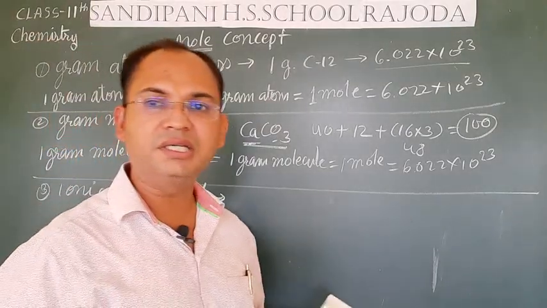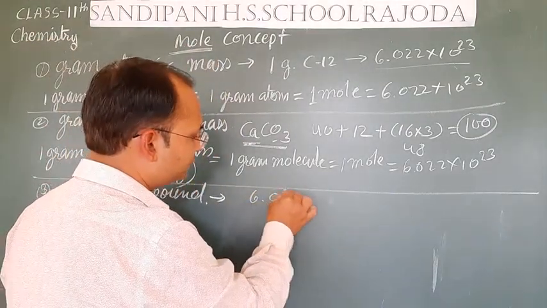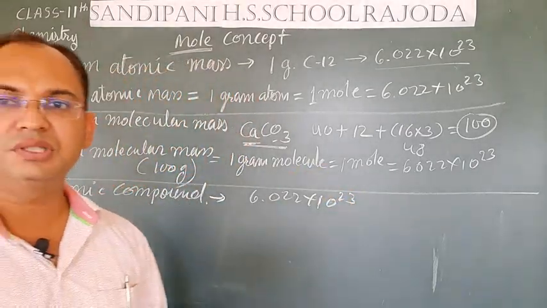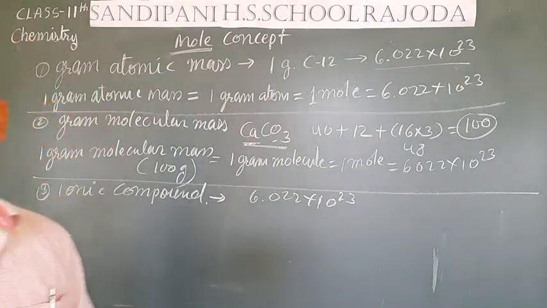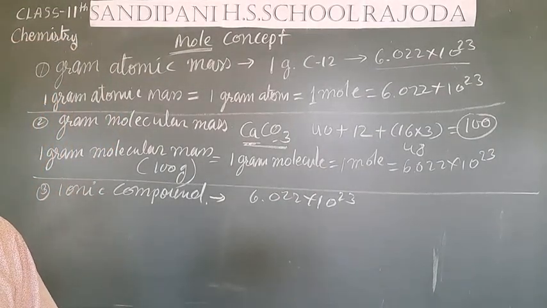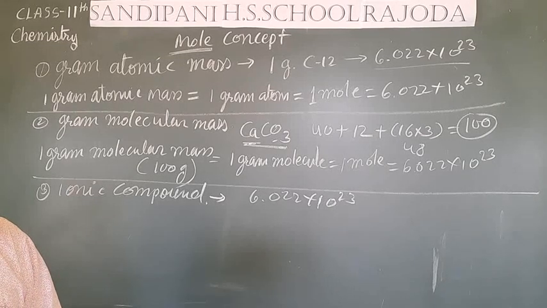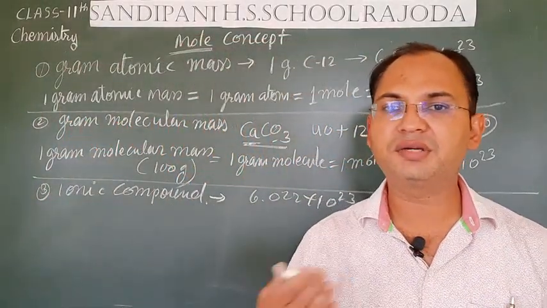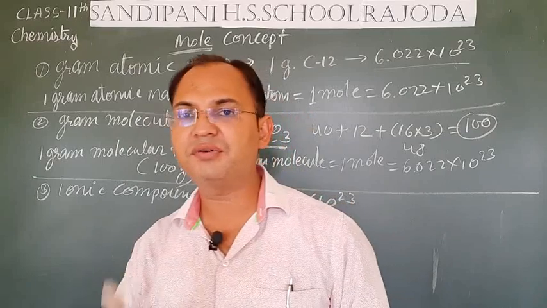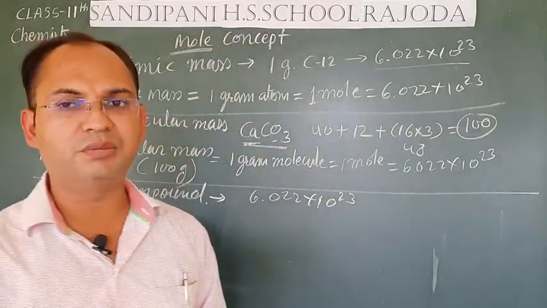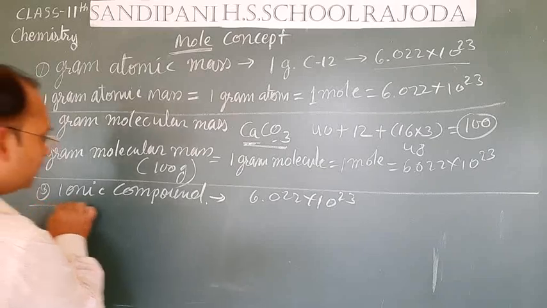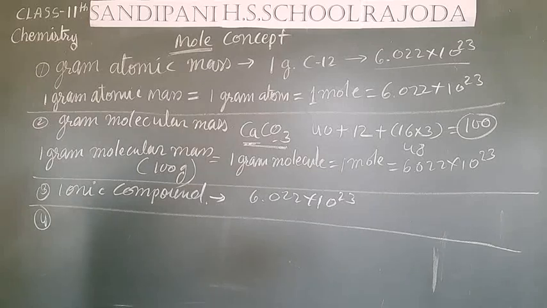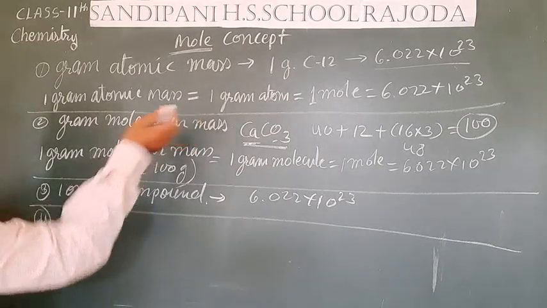The ions equal to 6.022 into 10 to the power 23, the number of ions which is equal to the Avogadro number, are called 1 mole of the ion, or we can say that their mass is equal to the gram formula mass of the substance whose ions we are taking. If their mass is equal to their gram formula mass, then it is equal to 1 mole. Fourth relation is the relation between the volume of the substance in terms of mole.